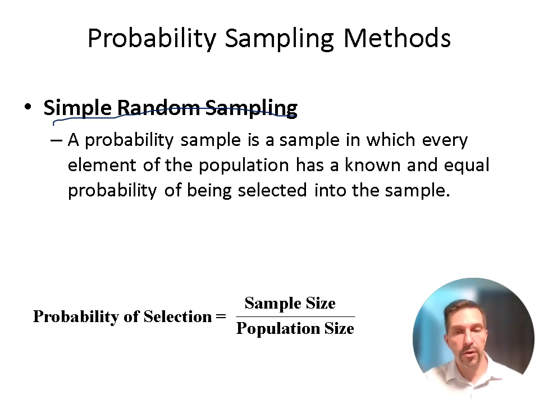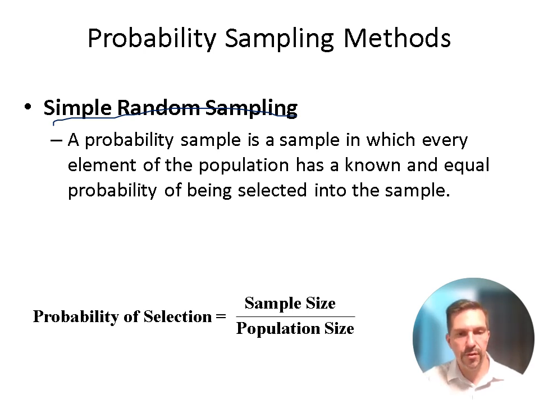So if you have 100 people in the population, the probability that any of them will be chosen, if you're collecting a sample of size 1, will be 1 divided over the size of the population. So in this case, 100th, so 1%, if you have a population of size 100.